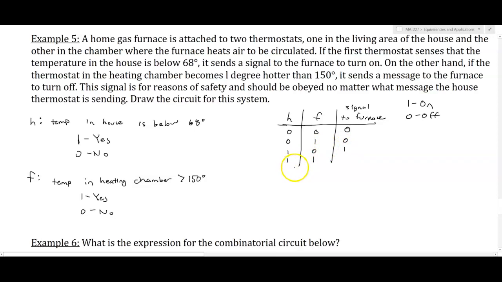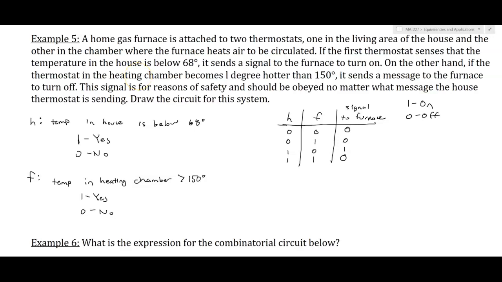Finally, if the temperature drops below 68, but the heating chamber is way too hot, we want to keep the furnace off in that case. So there's only one situation in which we want the furnace to turn on, and that is the situation in which H is 1 and F is 0.